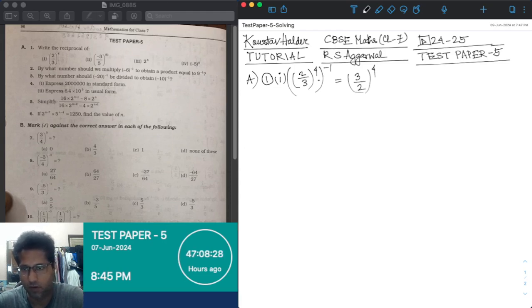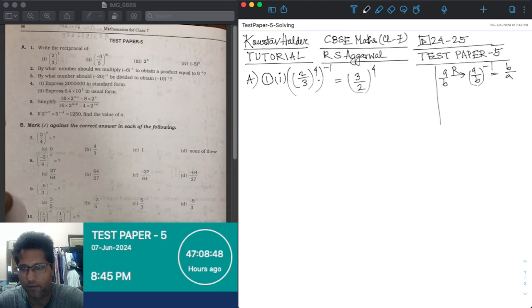So what concept did we apply? We know that the reciprocal of a rational number a by b, in short writing R, is a by b whole to the power minus 1, which is nothing but b by a.